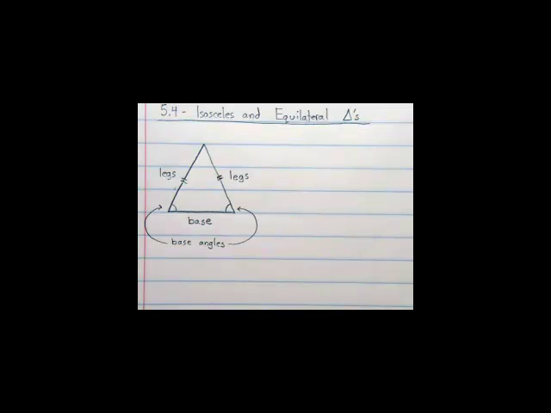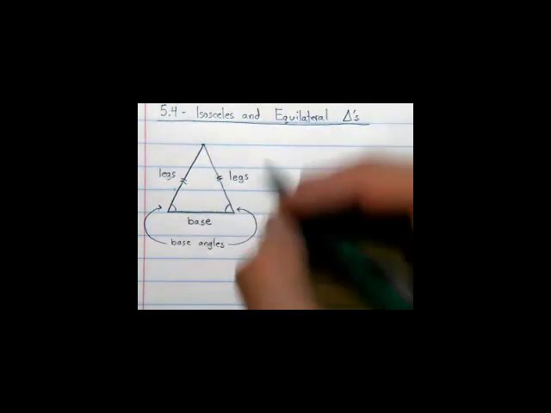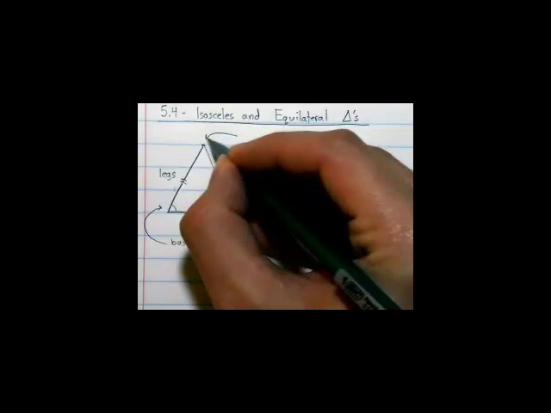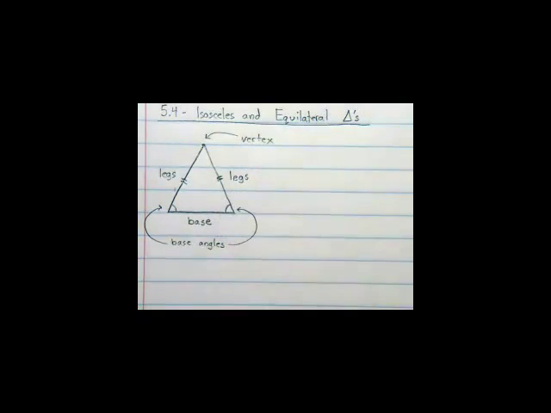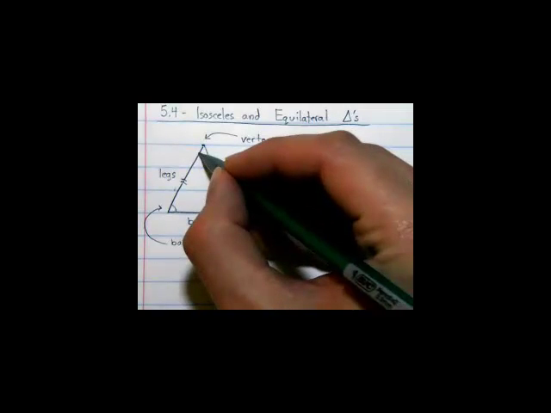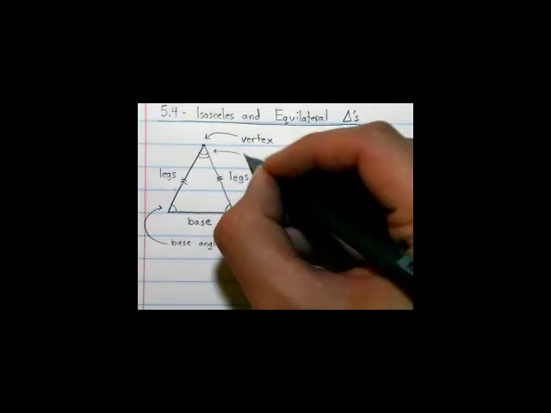You can think of it that way. And then the point up at the top is called the vertex. Now, it's not always at the top, because sometimes these are sitting on their side, but that point that is not one of the base angles is called the vertex, and then the angle that is there is called the vertex angle.